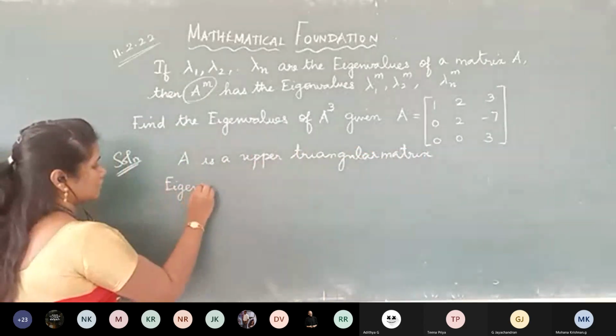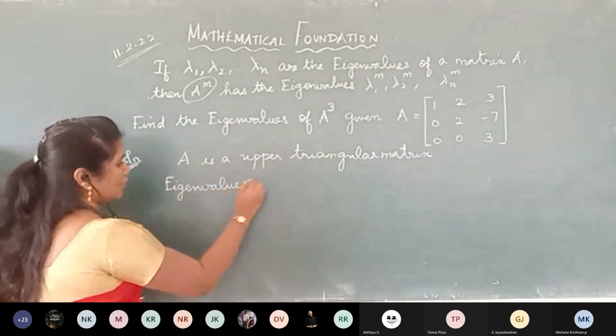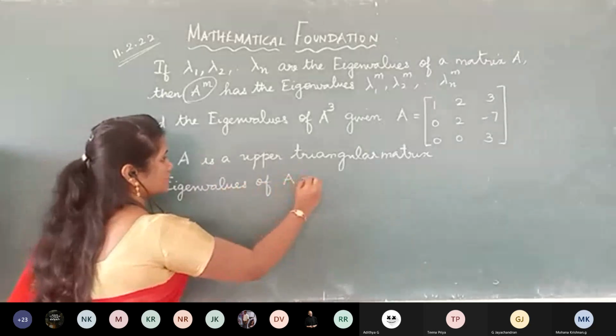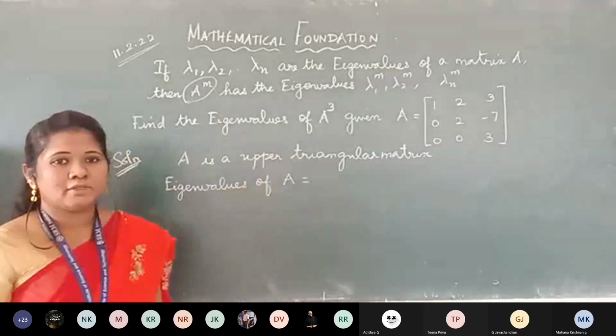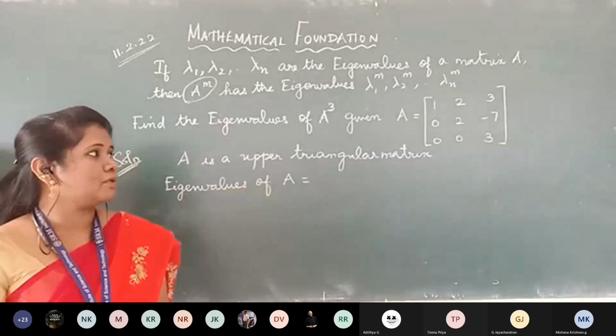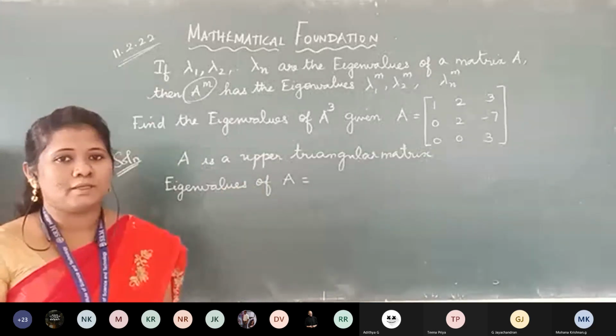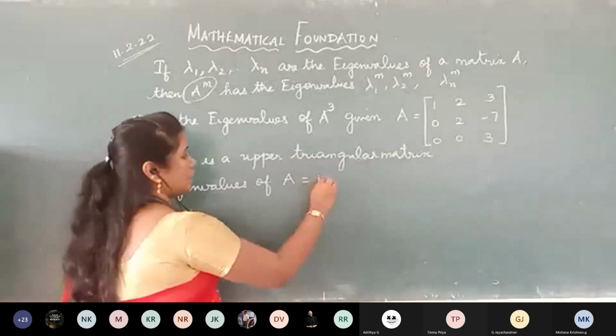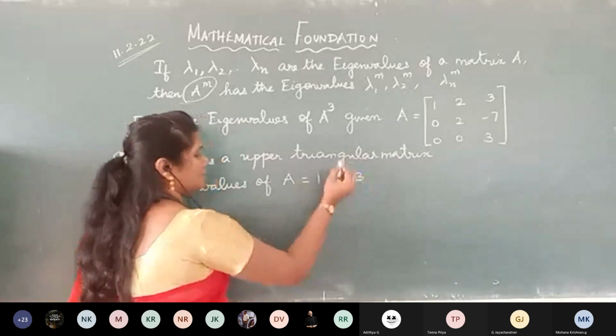What will be the eigenvalues of A? Using the property, when it is a triangular matrix, your eigenvalues will be the diagonal elements. So your eigenvalues are 1, 2, and 3.